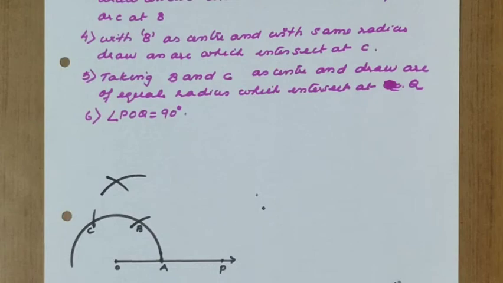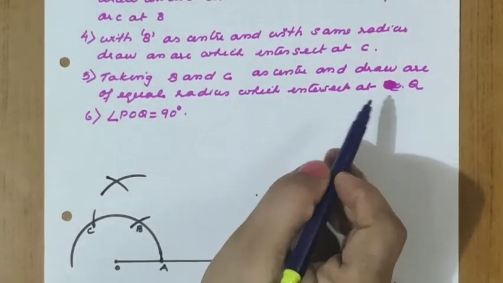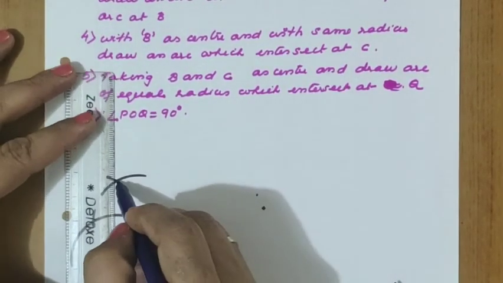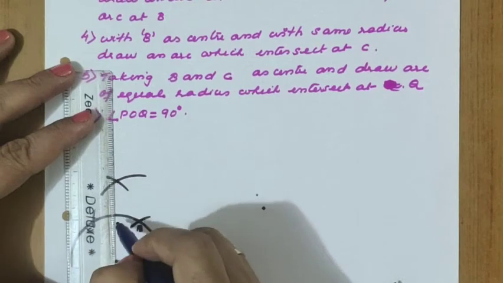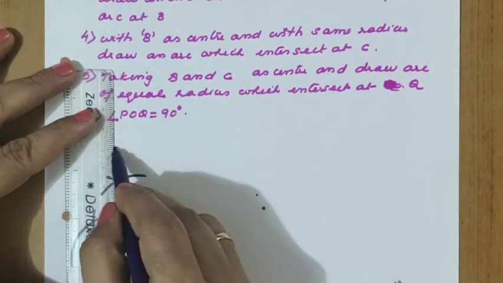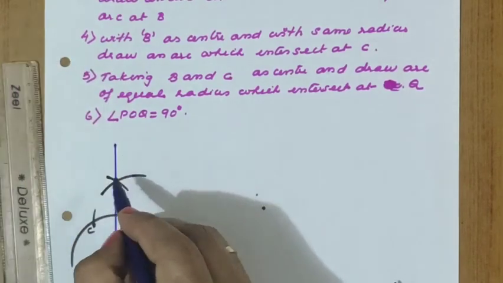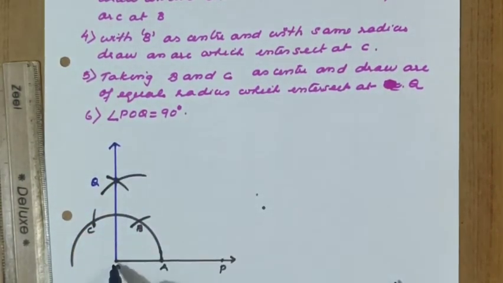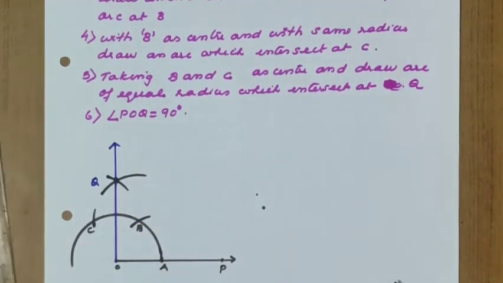So we got the intersecting point, which we have taken as Q only. Now I'll join this one. Q I'll mark here. POQ is 90 degree.